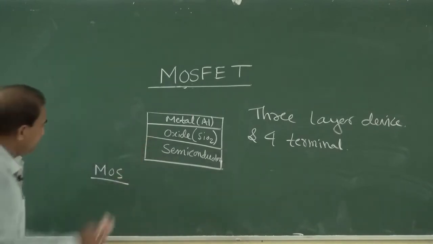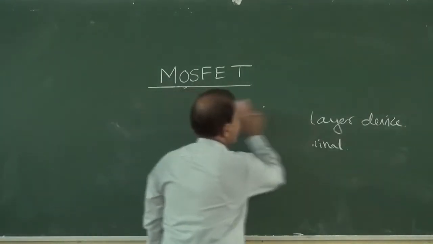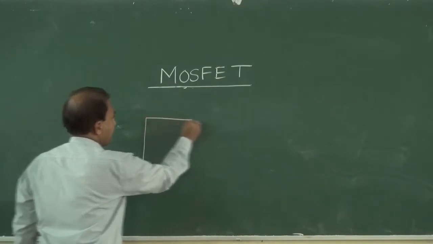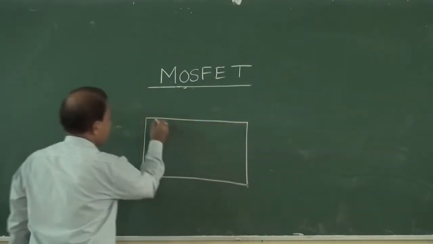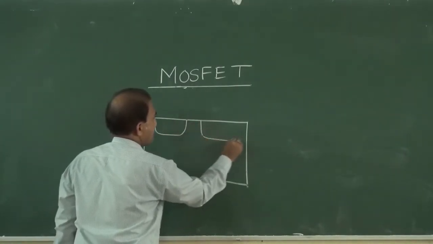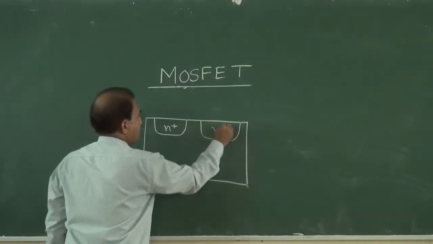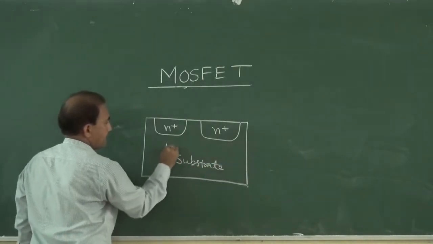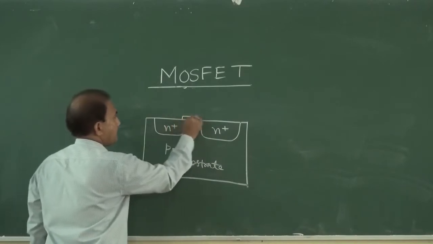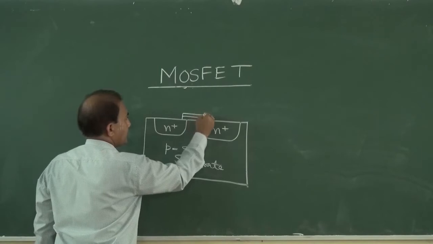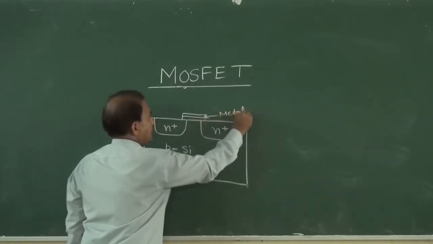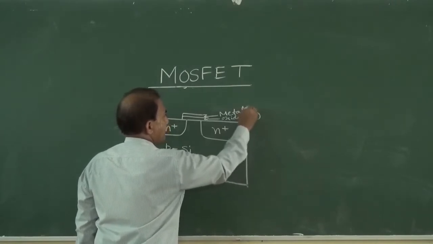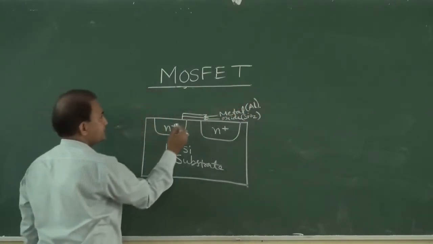So we can draw a MOSFET like this. This is the metal layer, this is the oxide layer, and the oxide is SiO2, the metal generally aluminum or polysilicon.